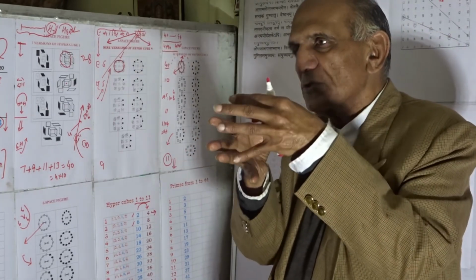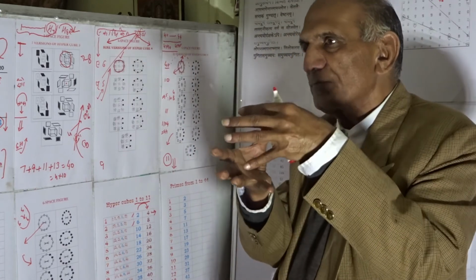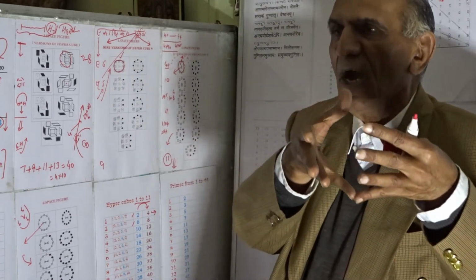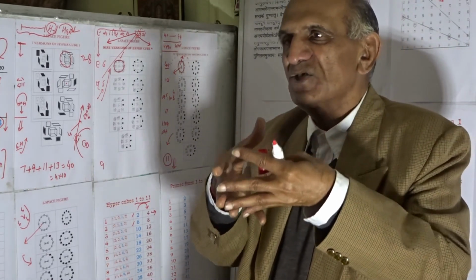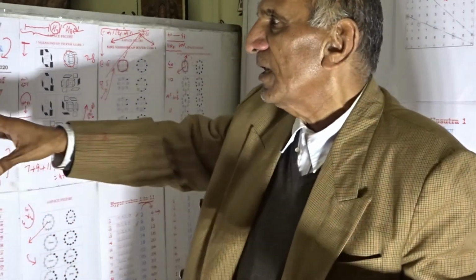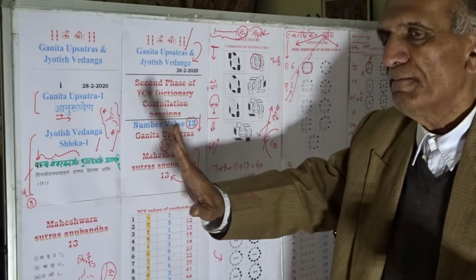It is with 4 space in the role of a dimension. So 4 space in the role of a dimension is going to be the ultimate melting phase and stage for the sadhakas who are following Ganita Upsutras for reach at the Jyotish Vedanga.